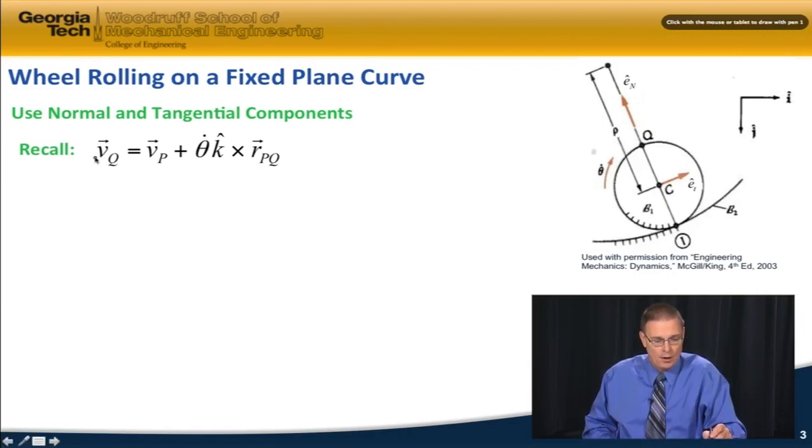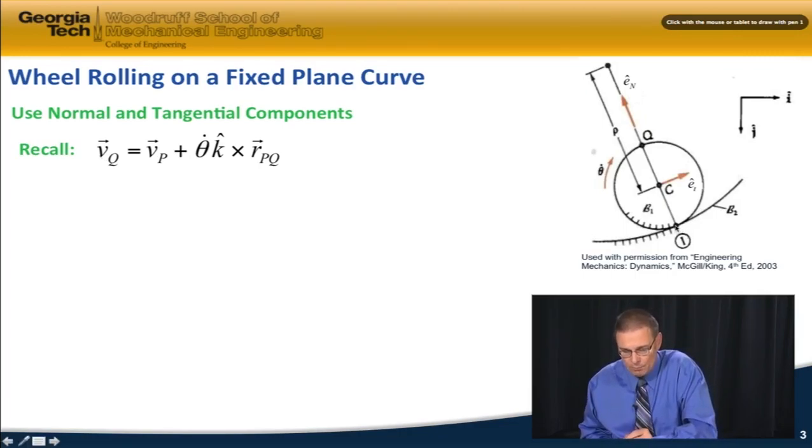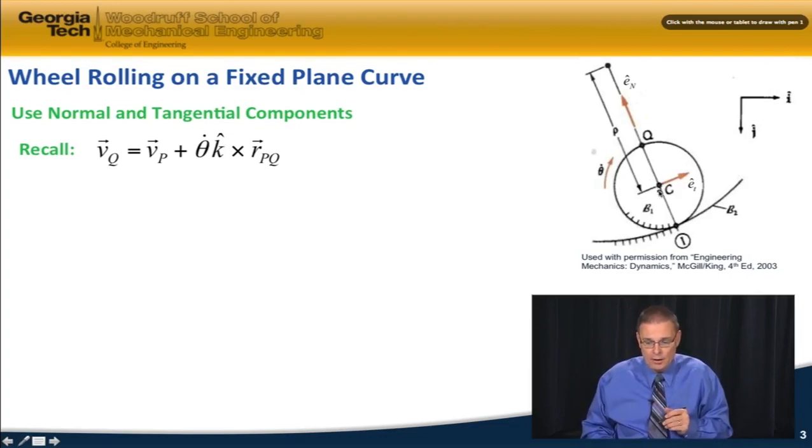You'll recall our relative velocity equation, and again I'm going to go from the point of known velocity, which is the point of contact here, the instantaneous point of zero velocity, or center of zero velocity, and we're going to move to our unknown, which is the velocity of the center of the wheel.